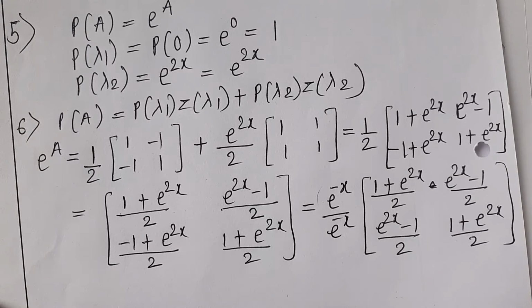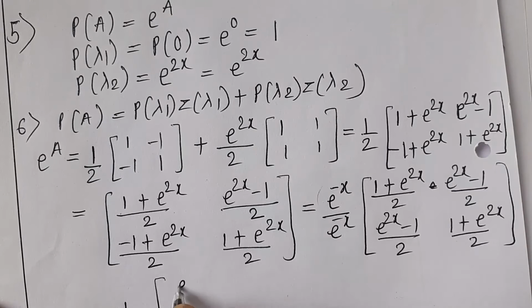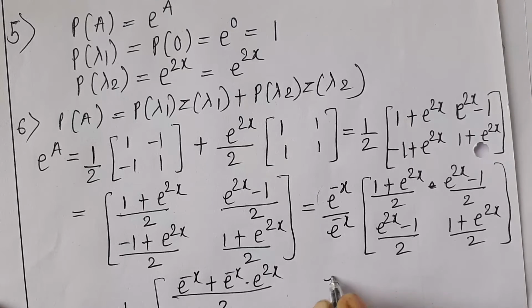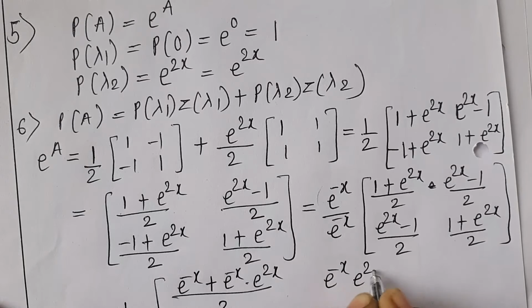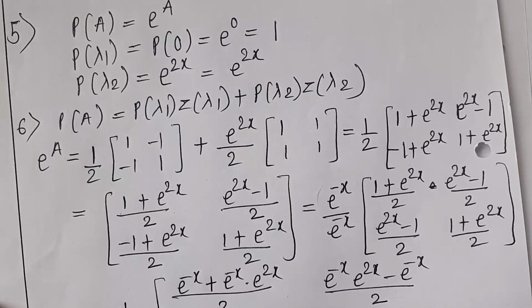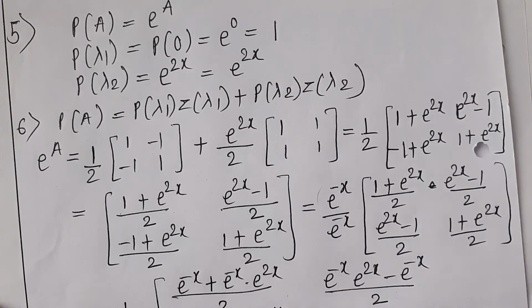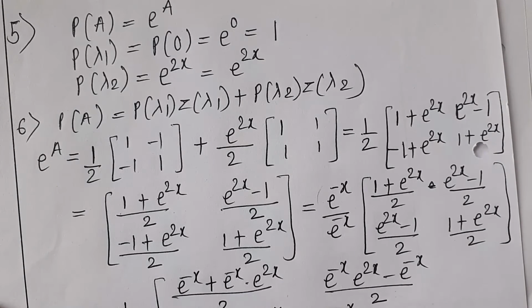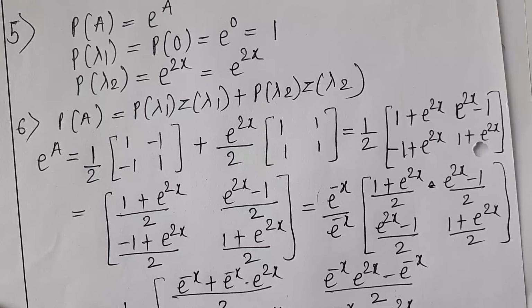So it becomes e to the power minus x plus e to the power minus x into e to the power 2x divided by 2. Then e to the power minus x into e to the power 2x minus e to the power minus x divided by 2. Then again e to the power minus x into e to the power 2x minus e to the power minus x divided by 2. And next is e to the power minus x plus e to the power 2x into e to the power minus x divided by 2.